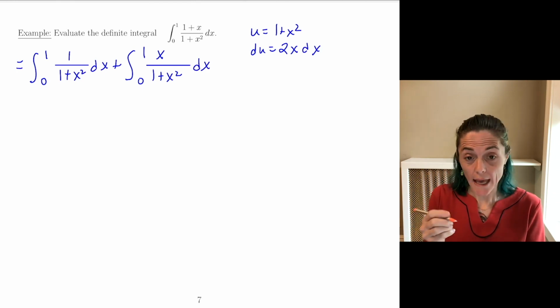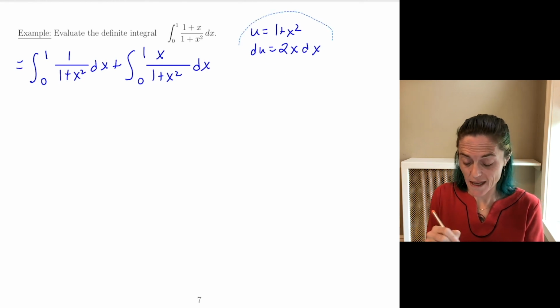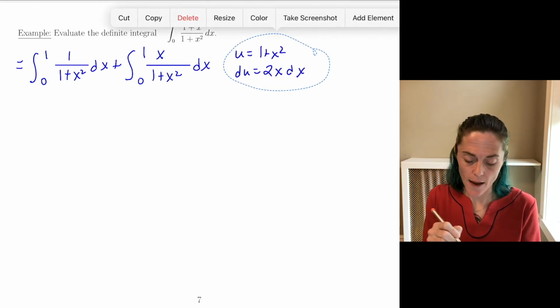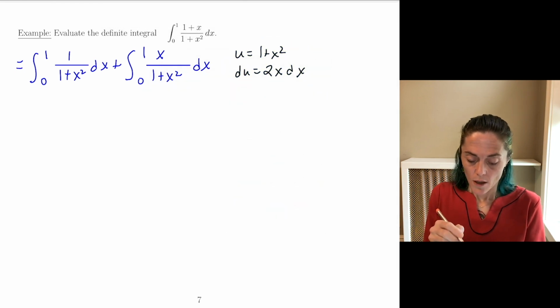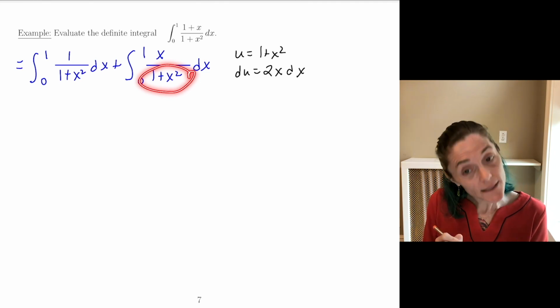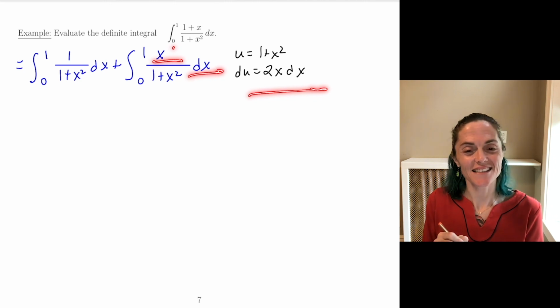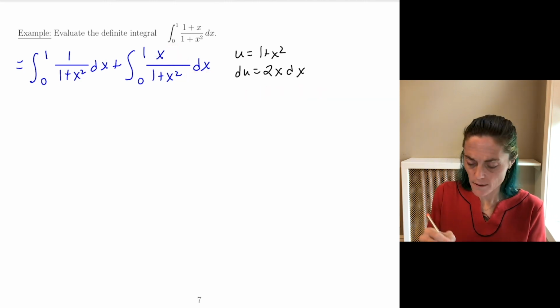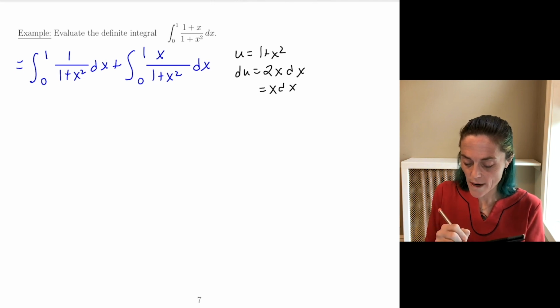Now, okay, it's just this one. That will be the substitution. In fact, I have it here. I will change it to black. Now, if u is 1 plus x squared, du is 2x dx, and I have x dx, we notice that x dx is 1/2 du.